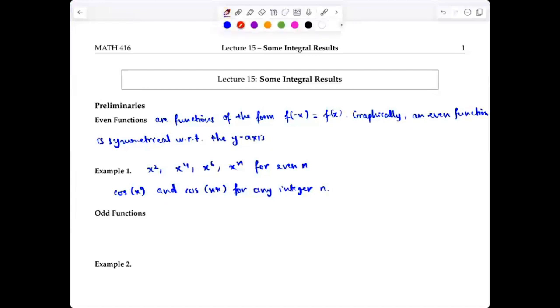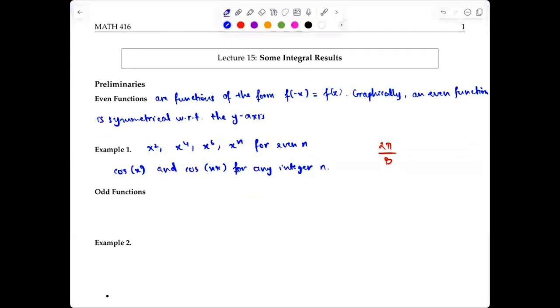A quick reminder: the period is calculated using the formula 2 pi over B, for B the constant in front of x. In the case of cosine of x, the constant in front of x is 1, so cosine of x has a period of 2 pi. And cosine of nx has period 2 pi over n, because the constant in front of x is n.